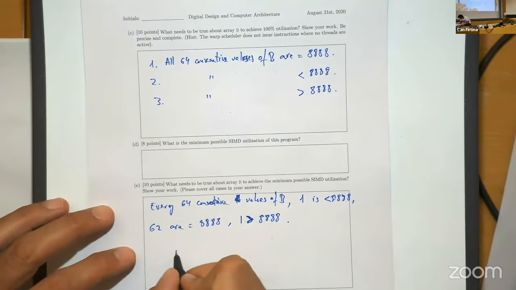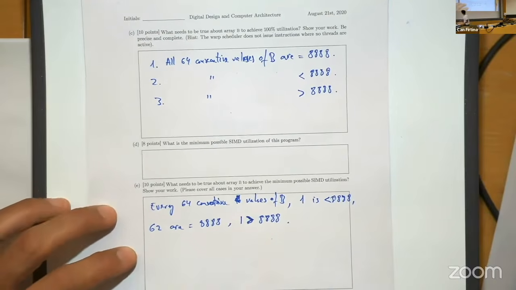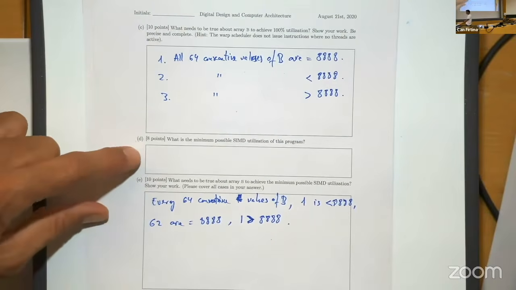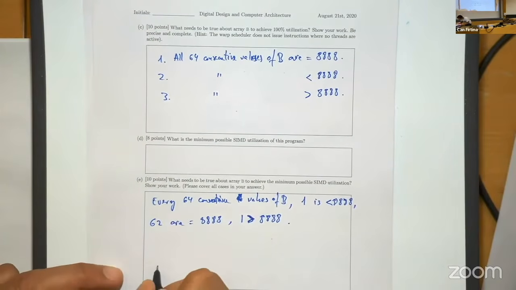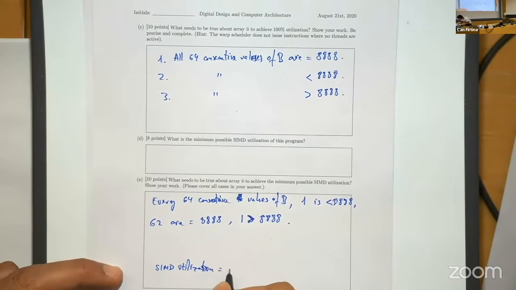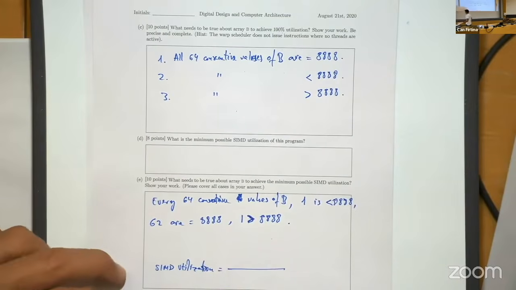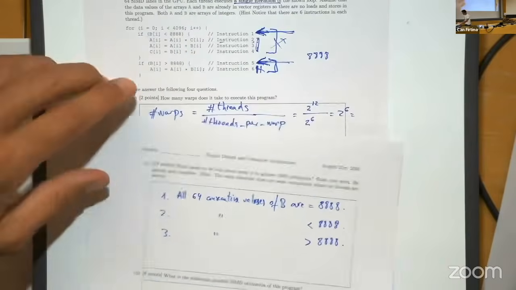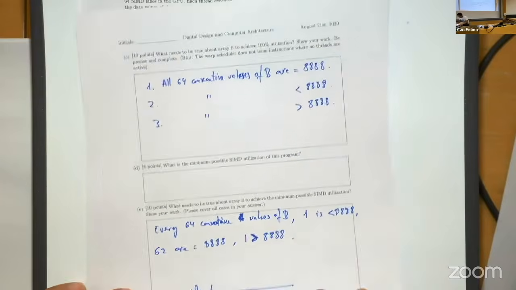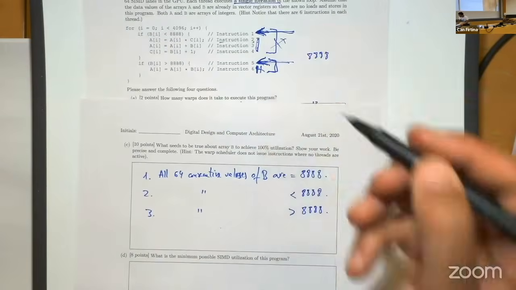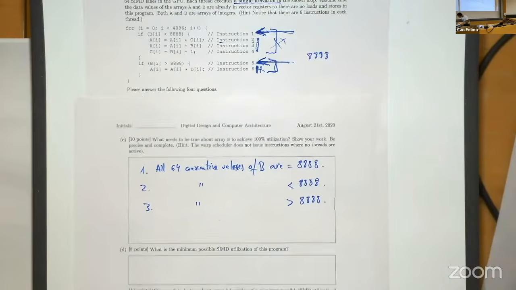And now here I'm going to make use of this space to calculate the answer to part B. So here I calculate the SIMD utilization as, what's the total number of instructions? Remember, that is 6. 6 times 64. Now remember that there are 2 instructions that are always executed by all threads, no possible divergence there.